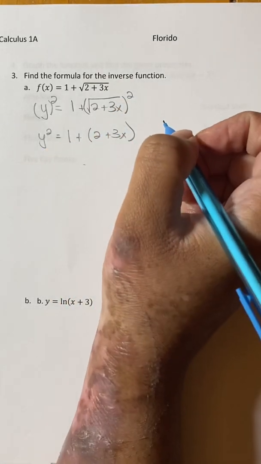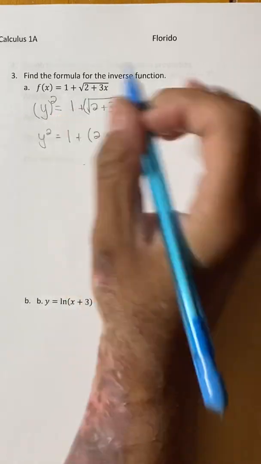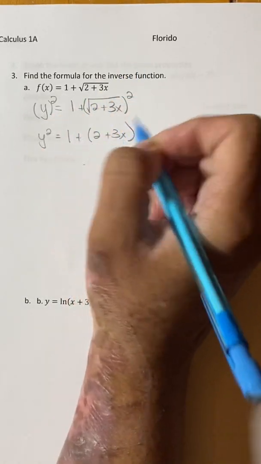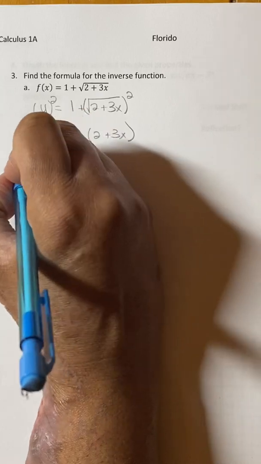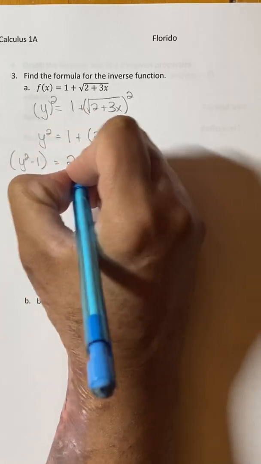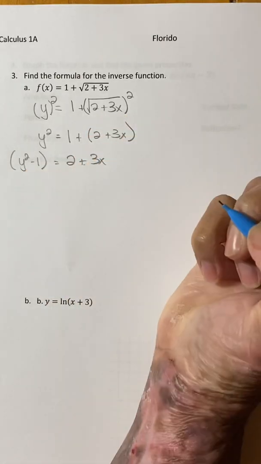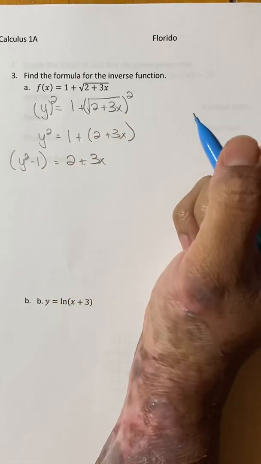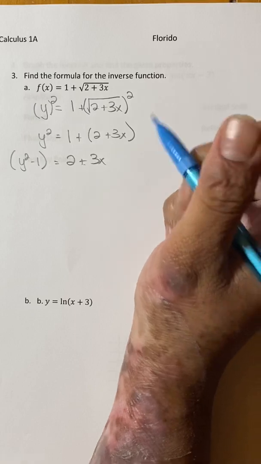Okay, so the next thing we need to do is isolate x by itself. So y squared minus 1 is one equation, and then you have 2 plus 3x on this side. Now we need to move the 2 over.